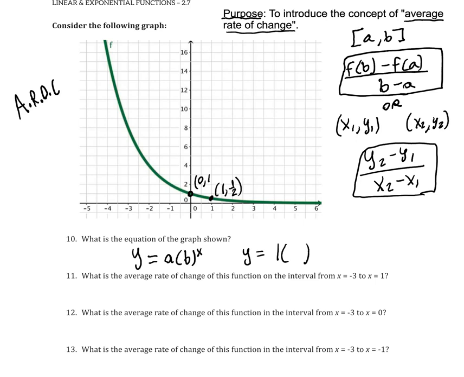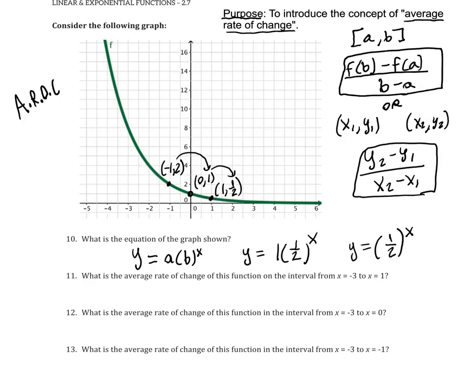So we had (0, 1), then we had (1, 1/2). If I go backwards, I have (-1, 2). So thinking about what could I multiply that's going to take me from 2 down to 1 and then 1 down to 1/2, well, that's 1/2 to the x power. So most simply we can write this equation as y equals (1/2) to the x power.